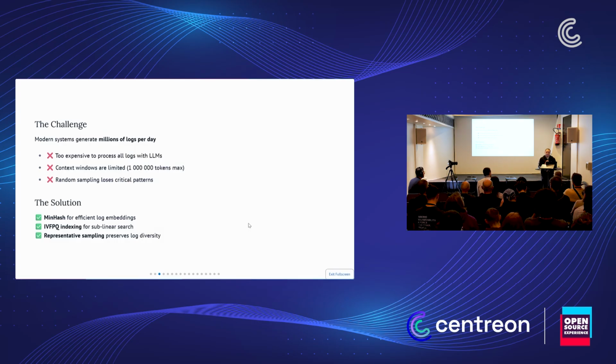Maybe you say, as a last resort, I do a sample. But the problem with a sample is you have a non-negligible probability to lose some patterns, and you don't get all the fine-grained details that make a representative sample of your logs.